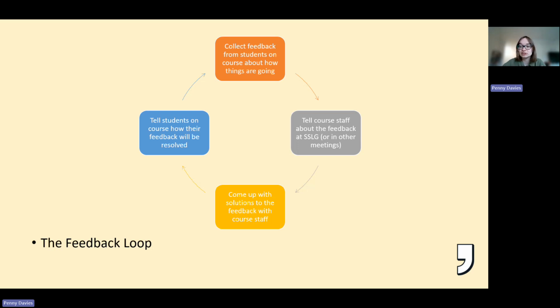Once you've come up with solutions, you'll tell students on your course how their feedback will be resolved. As you're telling these students, you have an opportunity to collect even more feedback from them about how things are going, to then take to course staff in meetings and come up with solutions, and so the cycle continues.